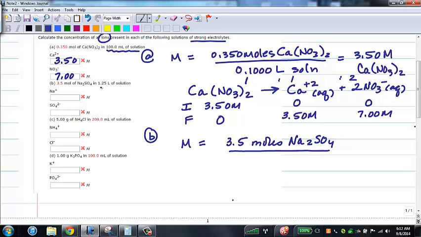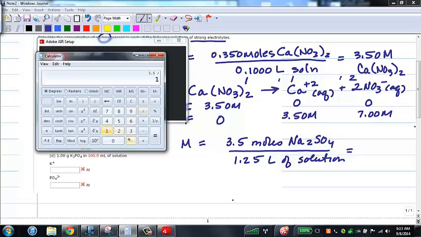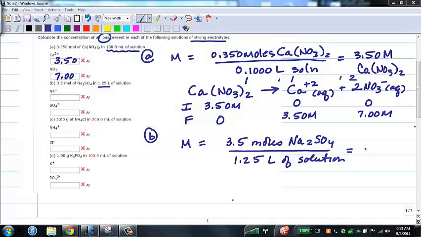Here they're giving us the volume of the solution, and it's already in liters. 1.25 liters of solution. So 3.5 divided by 1.25 is equal to 2.8. 2.8 molar is our concentration of sodium sulfate.